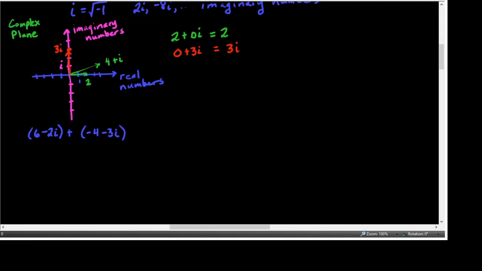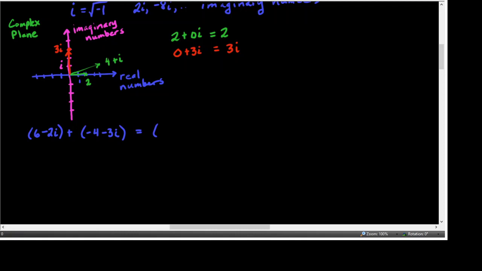Well, if we think of it like vectors, it's kind of like the horizontal component part would be the real part, and the coefficient of i would be the vertical component, and when you add, you just add like components.